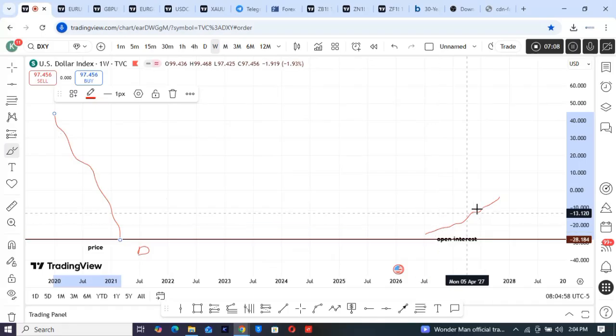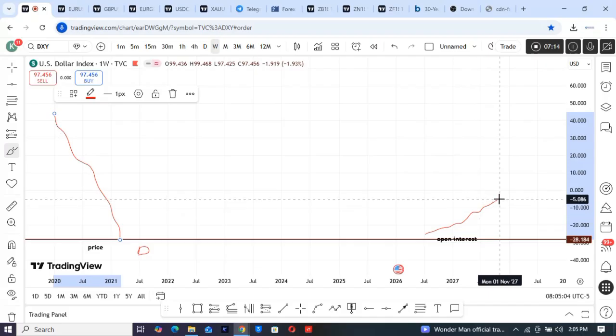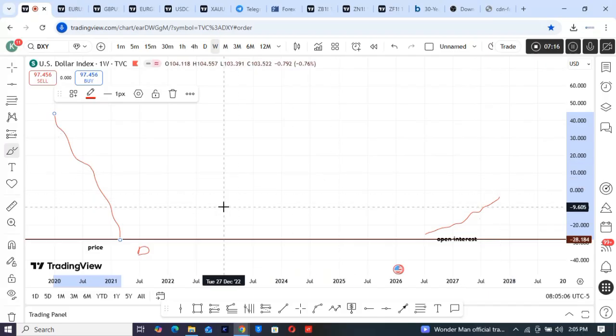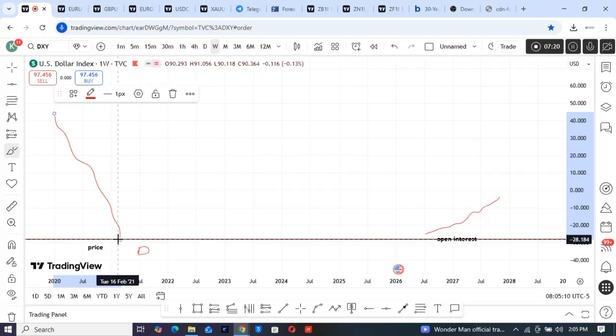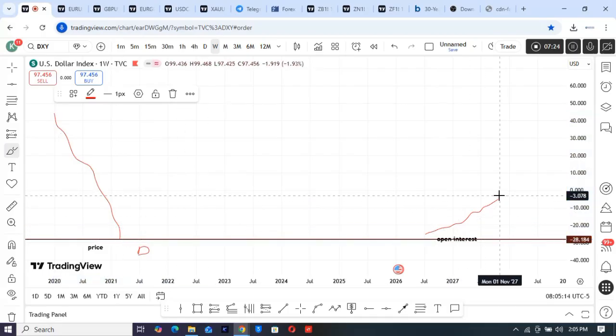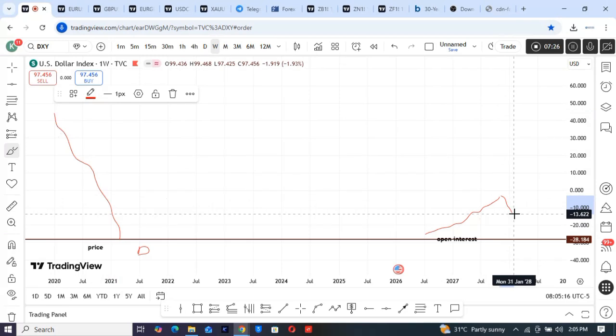So we see price initially increasing, and the open interest actually increasing parabolically, and while price was reaching for the premium discount area, we see a decline in open interest.